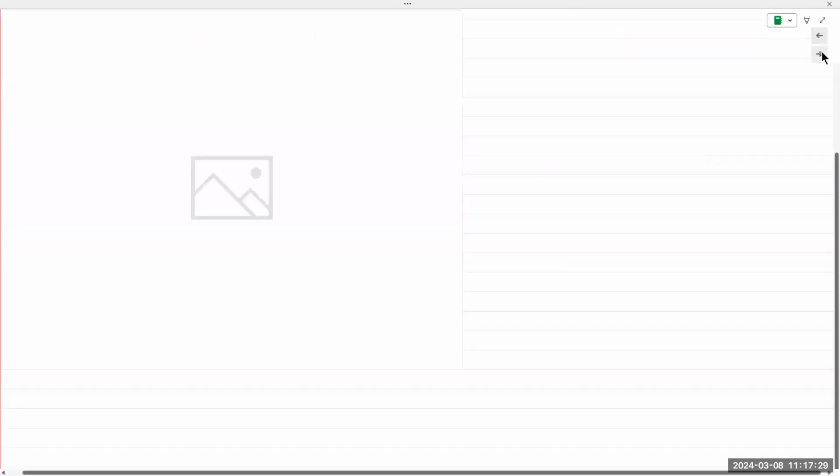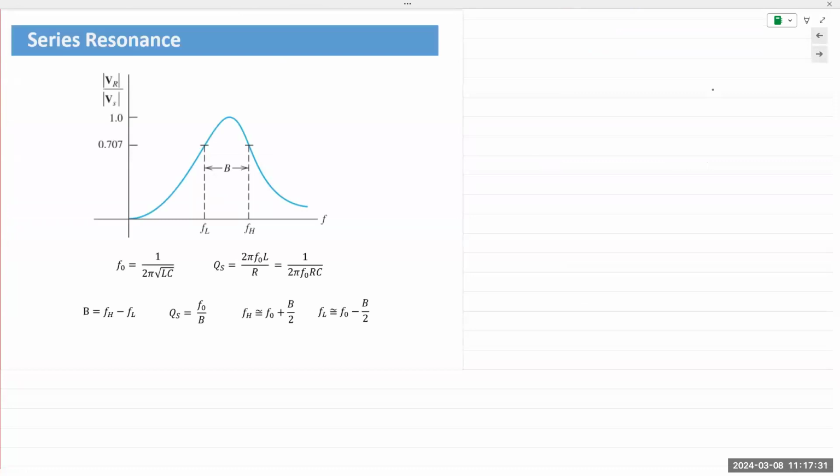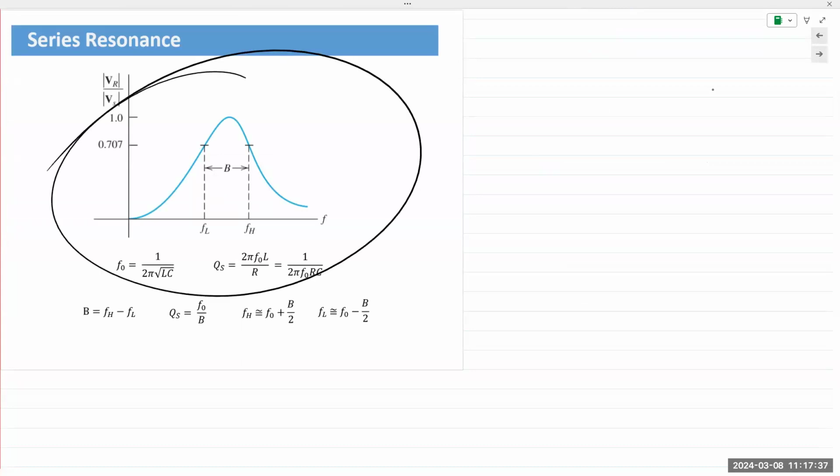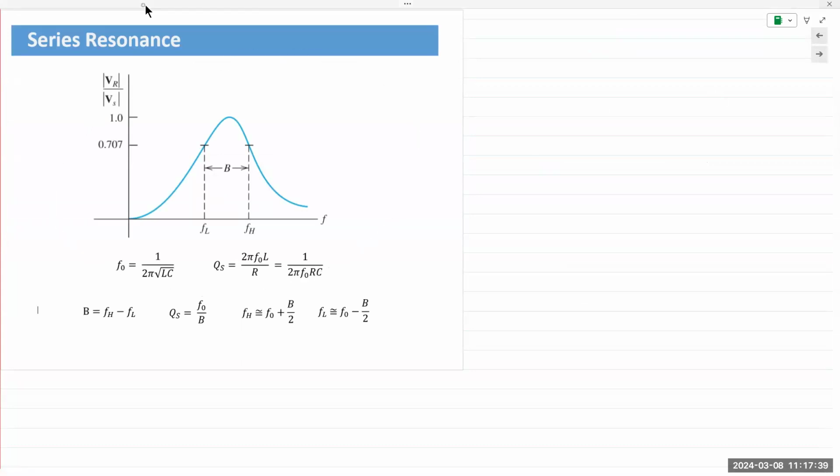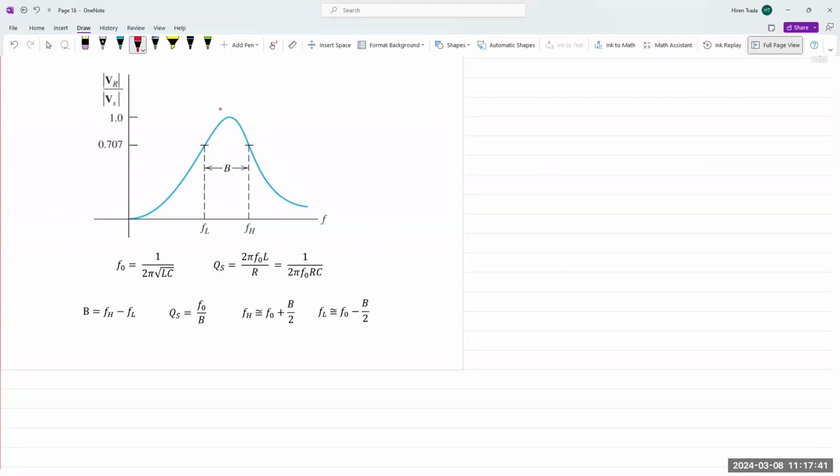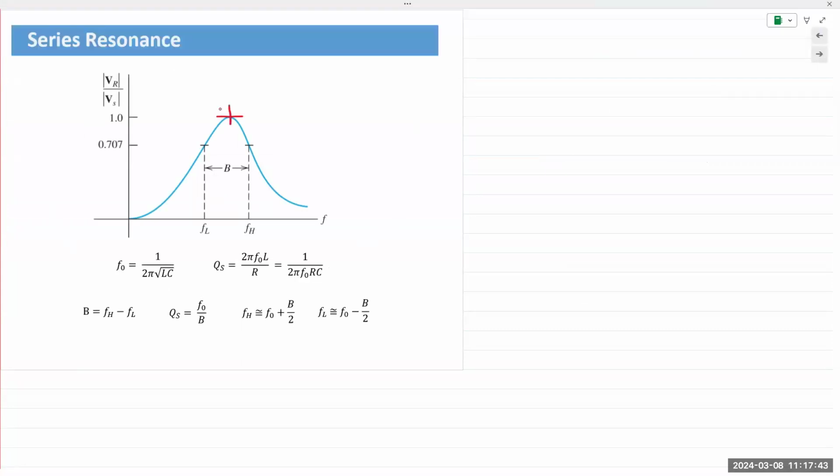If you take those values and you plot it versus the frequency input, you would obtain a chart that looks like this, where the maximum is right here. And that max occurs at a frequency of F0. Okay, F0, right there. And that's the max.